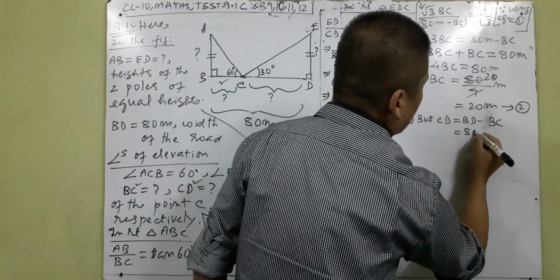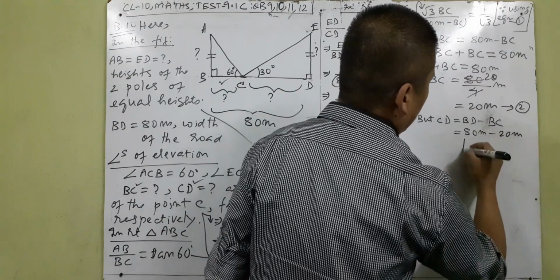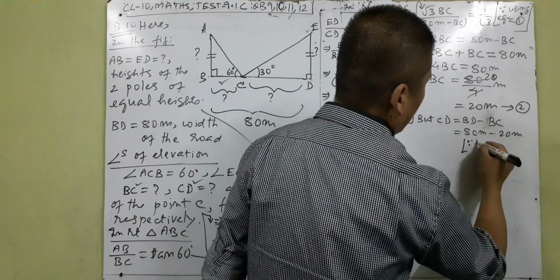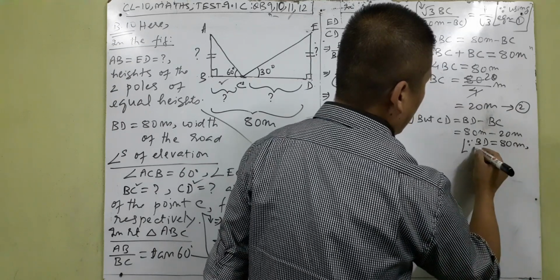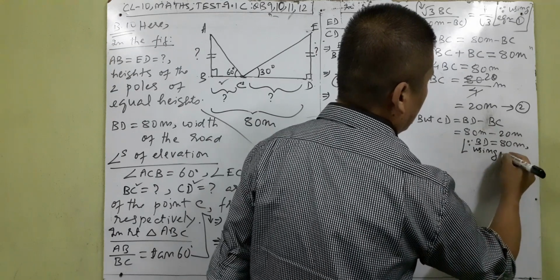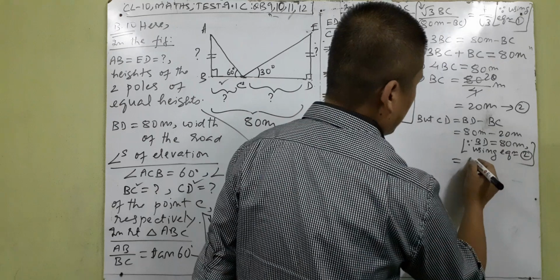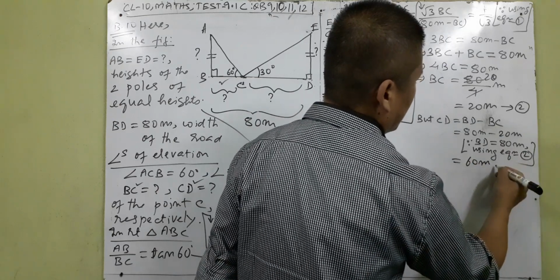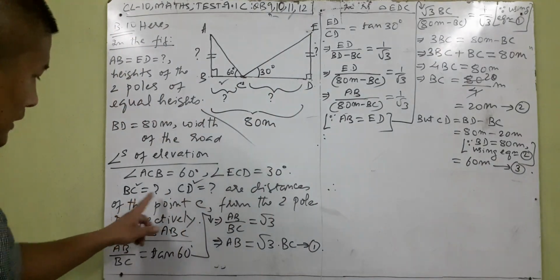BD is given 80 meter minus BC, just now we got 20 meter. And the reason for this is since we know BD, the question says the width of the road is 80 meter, and using here equation number 2. So this is just a matter of 60 meter, 80 minus 20, equation number 3. So we got the two distances already, BC and CD.